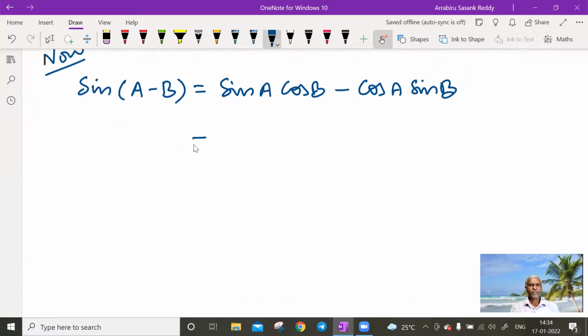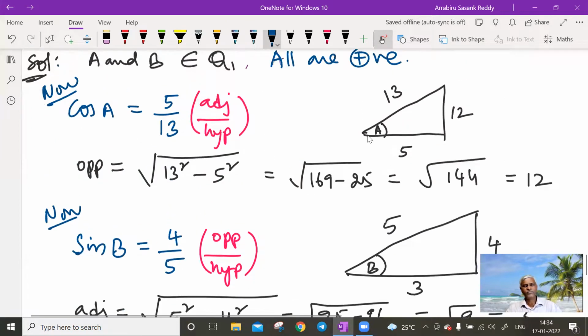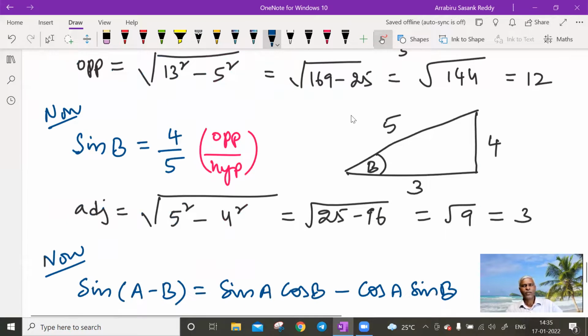Taking the first triangle, since it is in the first quadrant, all are positive. Sin A is opposite by hypotenuse, 12 by 13. Cos A is 5 by 13. Sin B is 4 by 5, cos B is 3 by 5.